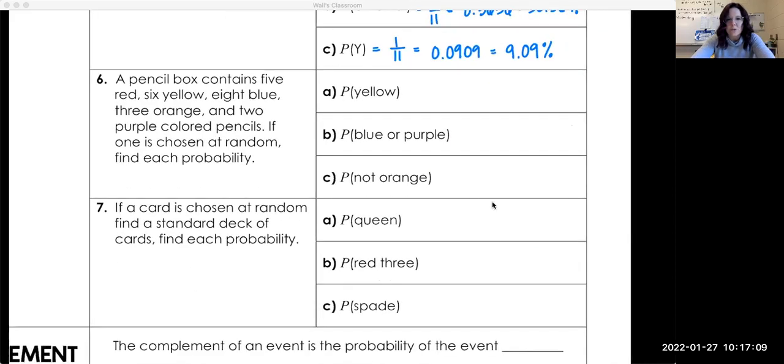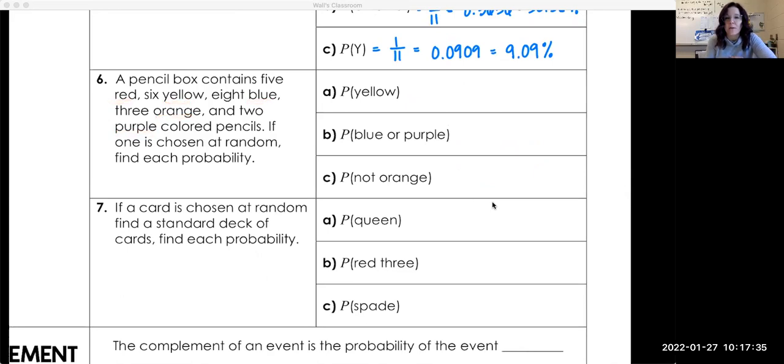2 more examples of simple probabilities here. A pencil box contains 5 red, 6 yellow, 8 blue, 3 orange, and 2 purple colored pencils. If one is chosen at random, find each probability. Now, there are 1, 2, 3, 4, 5 colors, but there are actually 24 possible outcomes.